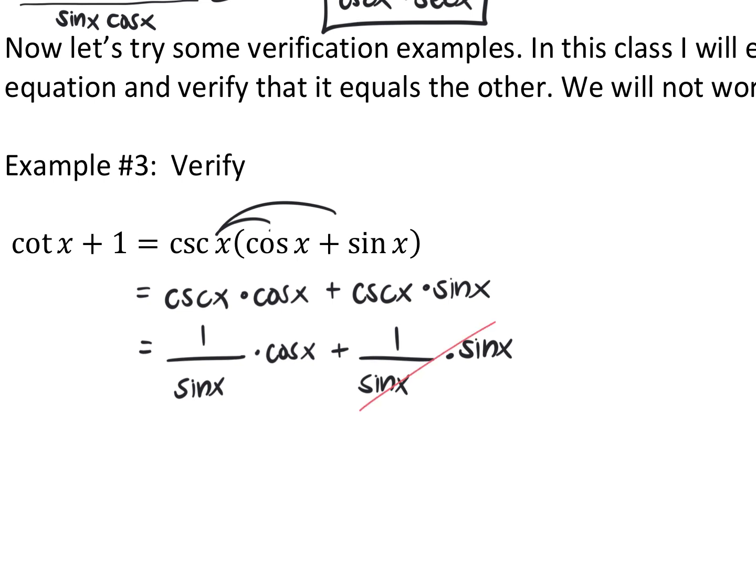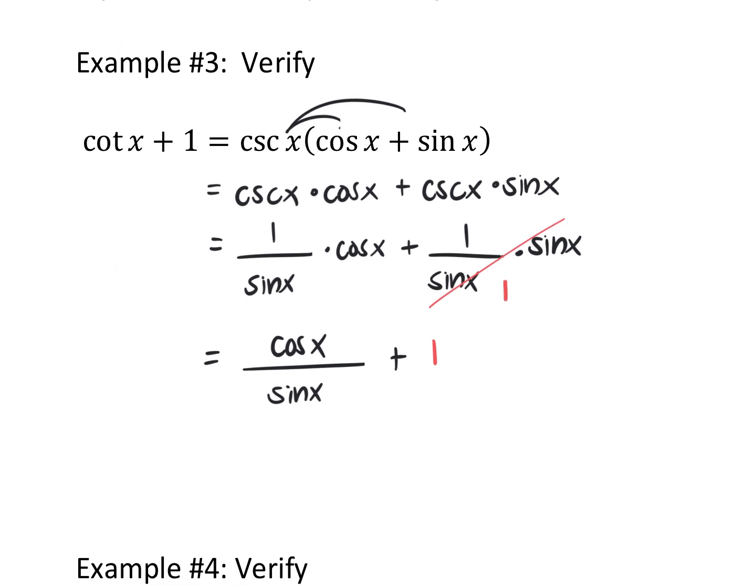They cancel out, and we're left with 1, right? If I rewrite this first fraction, cosine of x over sine of x plus 1. We're really close. We want to get cotangent. So what does cosine over sine equal? Cotangent, right? So this is equal to cotangent of x plus 1. We did, in fact, get our original equation there. So that's all the verifying that it needs.